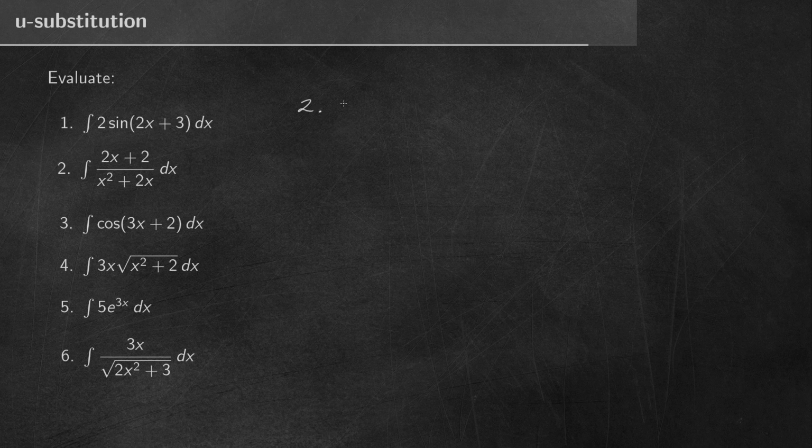Number 2, my u is x squared plus 2x. My du over dx is 2x plus 2. So I get du equals 2x plus 2 dx, and then my integral becomes 1 over u times du.